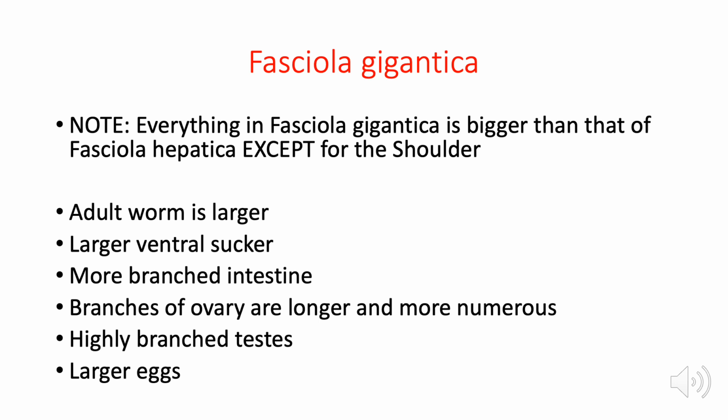Fasciola gigantica is larger and has a larger ventral sucker. Its intestine, ovary, and testes are more branched than those of Fasciola hepatica, and its ova are generally bigger. The only structure more prominent in Fasciola hepatica is the shoulder.